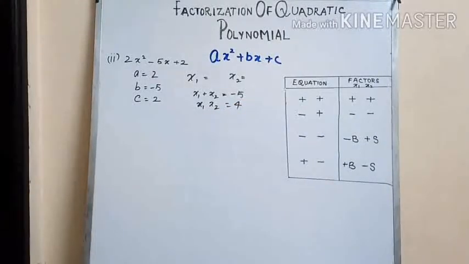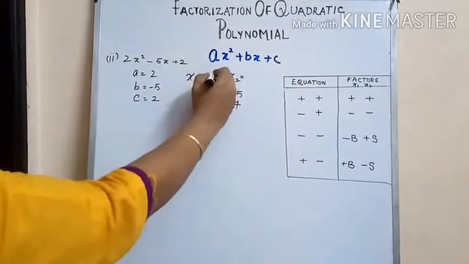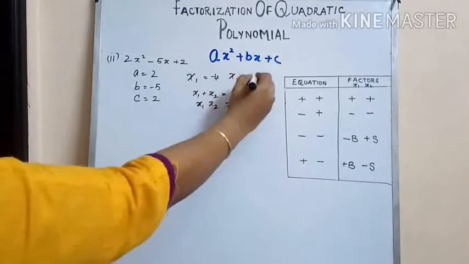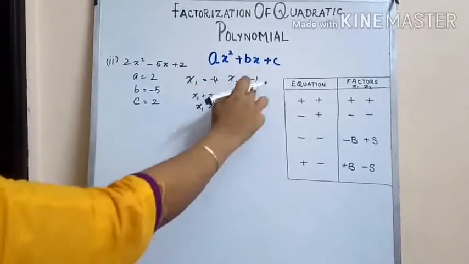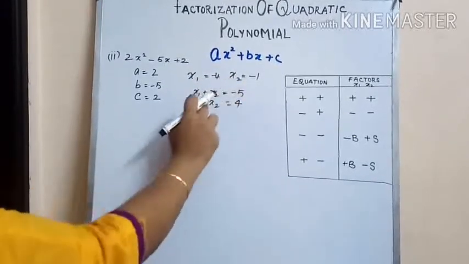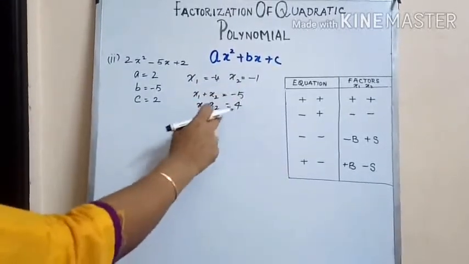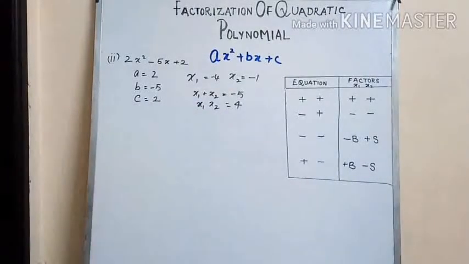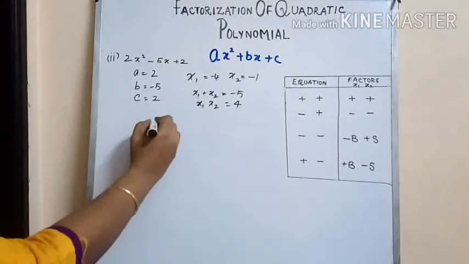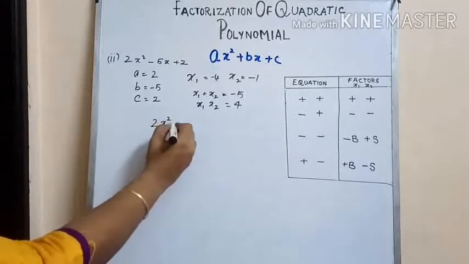Yes, you got it right. x1 is -4 and x2 is -1. So both x1 plus x2 and x1 into x2 conditions are satisfied. So the equation can be reduced like this.